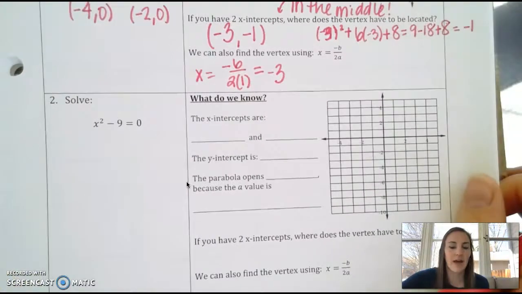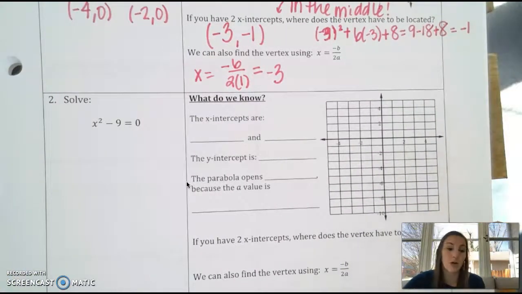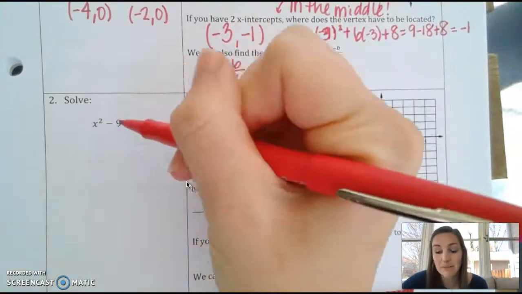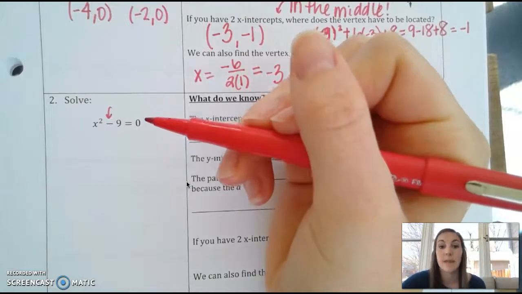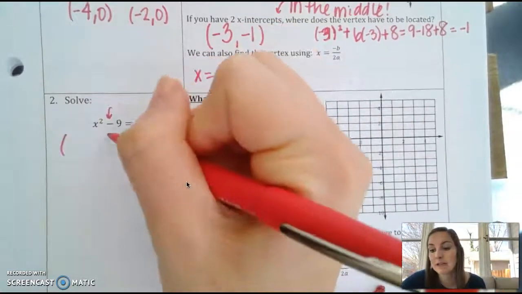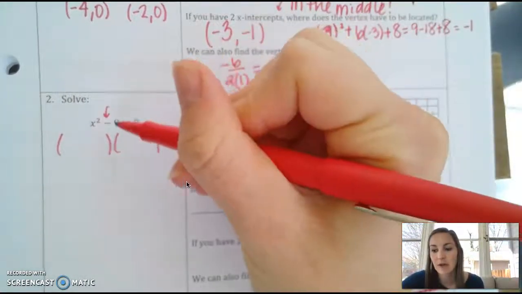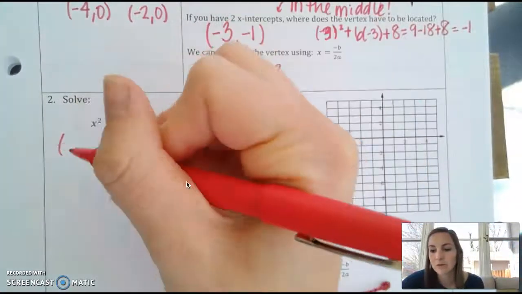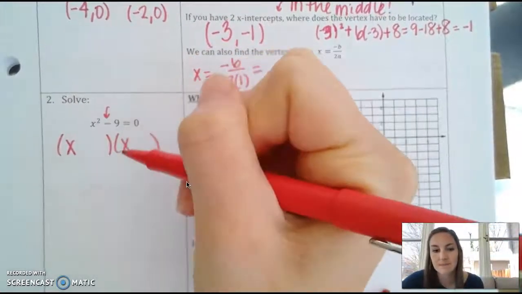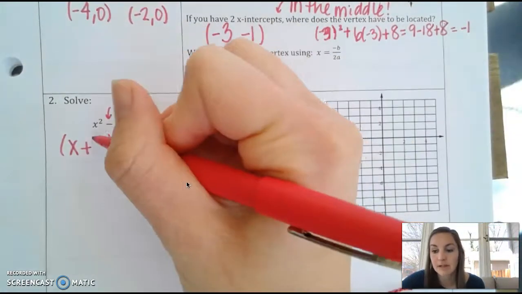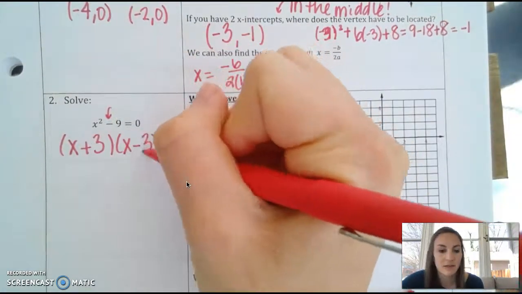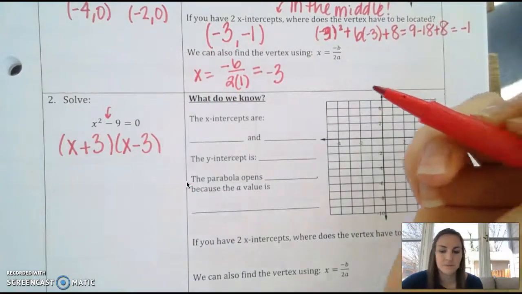So this next one, we have x squared minus 9 equals 0. So remember, difference of two squares. If these are both perfect squares and this value in the middle, it's negative, that means that we can do a positive and a negative of the square root. So I would do x and x. One's positive and one's negative. Well, the square root of 9 is 3, so I have a positive 3 and a negative 3 there.